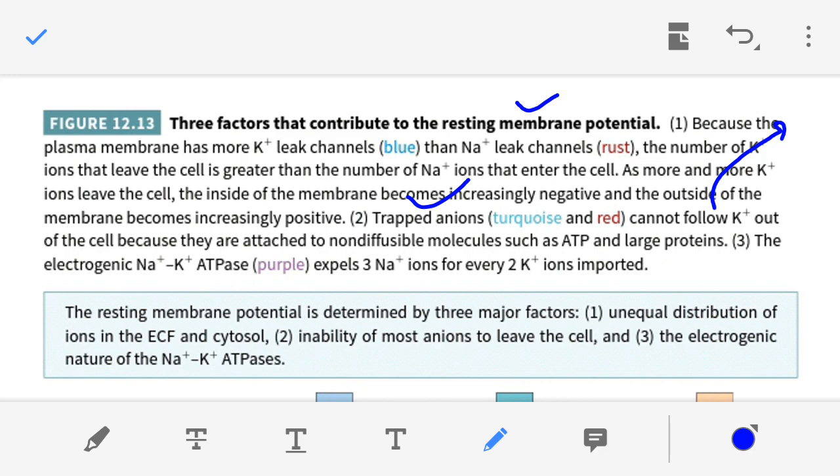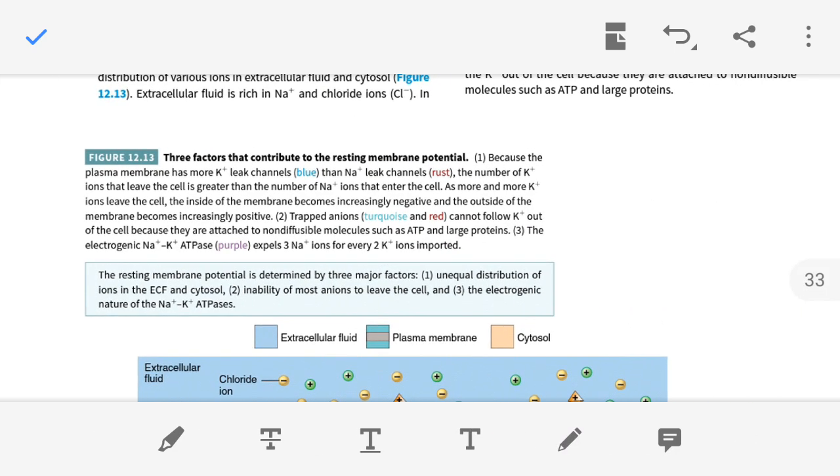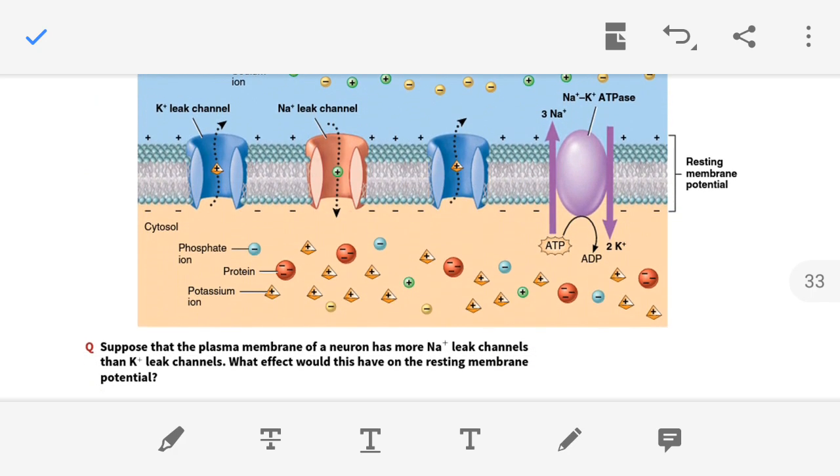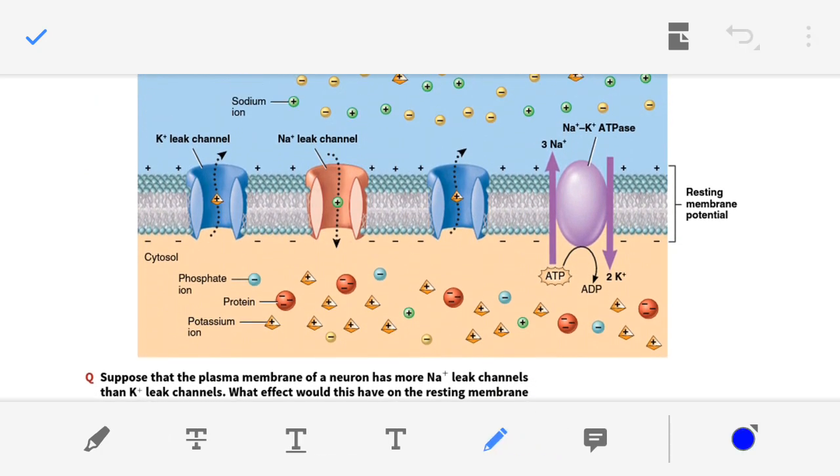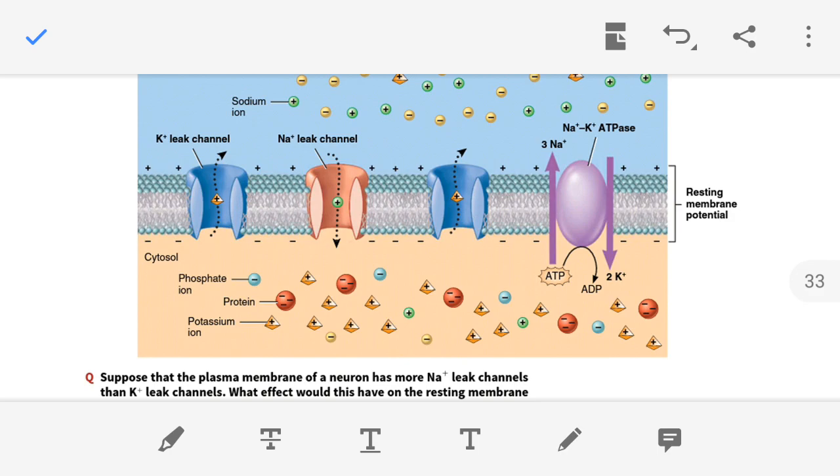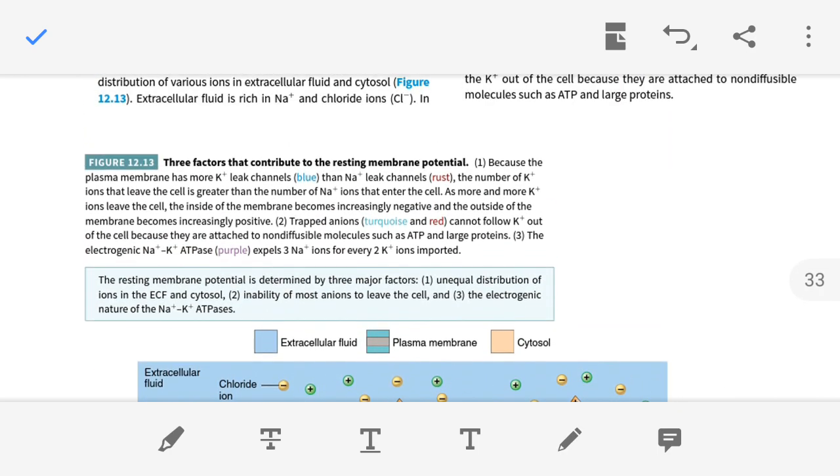They are not going outside because they are attached to molecules, to ATP and also to large proteins. That's why the negative ions cannot leak out. Here you can see the phosphate ion shown, and with the protein the minus sign is shown, which means the negative ions are attached to the proteins.